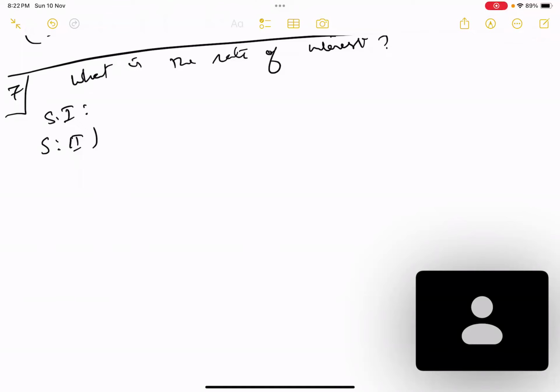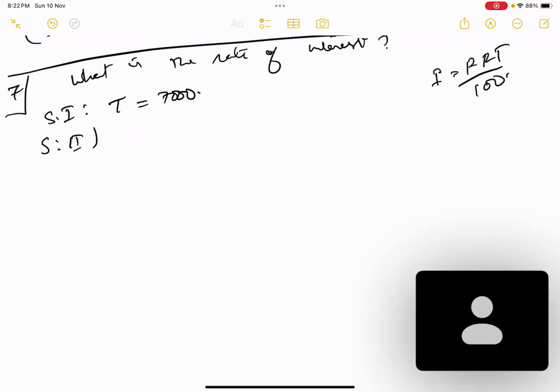We know that this is simple interest, so interest is equal to, so statement says interest 7,000. So it is a total interest, okay?